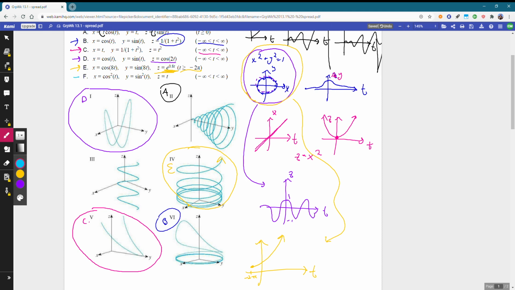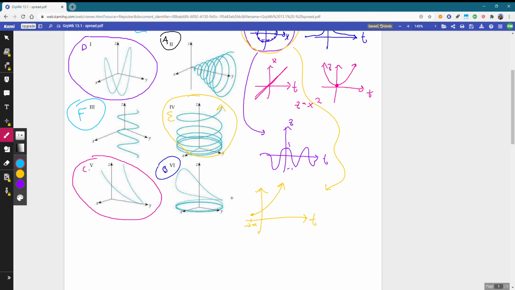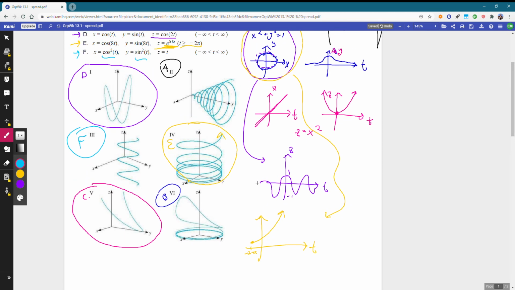Last but not least, looks like F is going to match up with 3. One possible way we could see this is, actually notice x is already cosine squared, y is sine squared. So actually a relationship that we have for these variables for f is that x plus y equals 1, right?